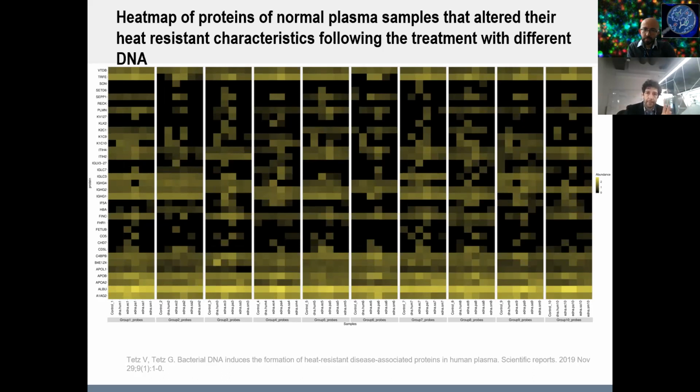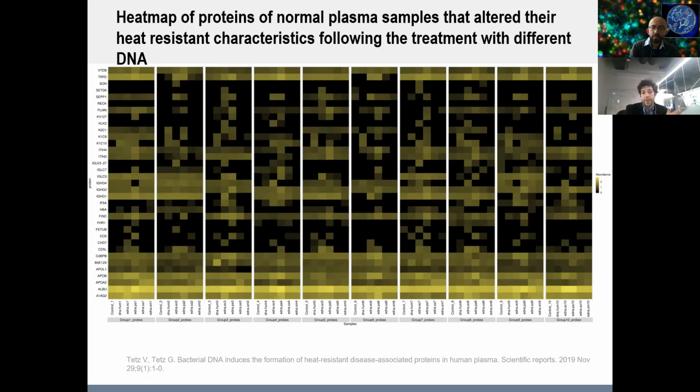On this heat map, each set of columns is a blood sample, either left untreated or treated with DNA of Pseudomonas aeruginosa, E. coli, staph, or streptococcus, or treated with human DNA. And each row is the name of a protein that changed its heat-resistance properties in this study.